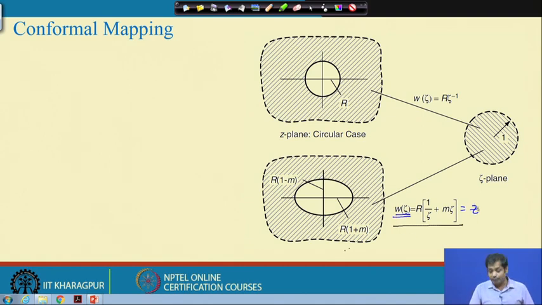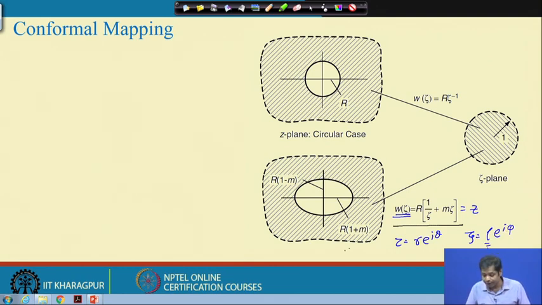If you map it like this, take some arbitrary values of r and m, and then we know that z is equal to r e to the power i theta, and zeta is equal to rho e to the power i phi. In this case, rho is 1 because it is a unit circle.